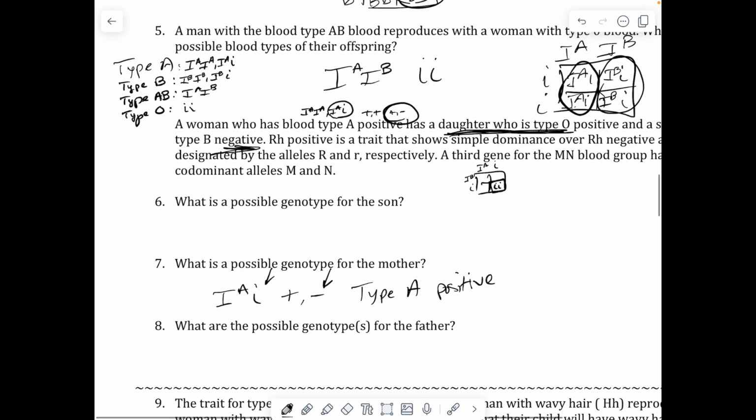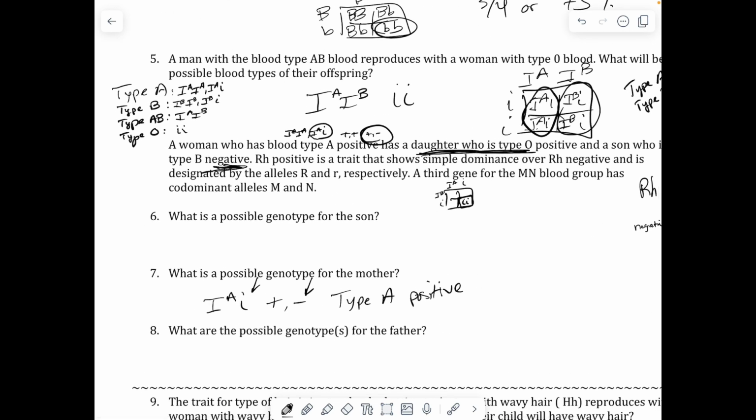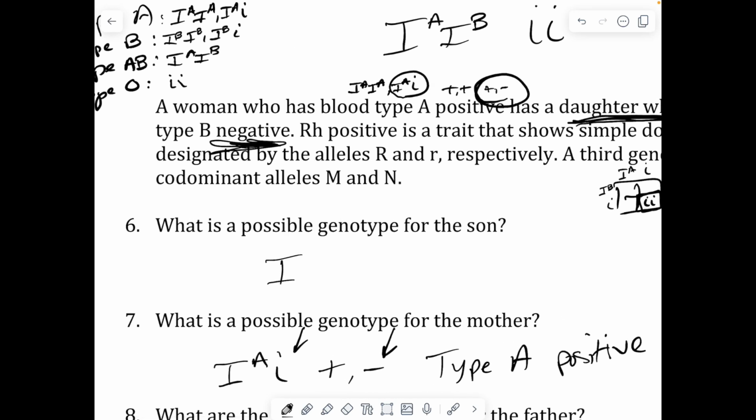So once I know that the mother is carrying a recessive O and a recessive I, and then I look forward and I can see the son is negative, then I am able to figure out that, well, if he's B, he has to be IB little I. And the reason why is if the mother gave him the A, he would be A. If the mother gave him the A and the father gave him the B, he would be AB.